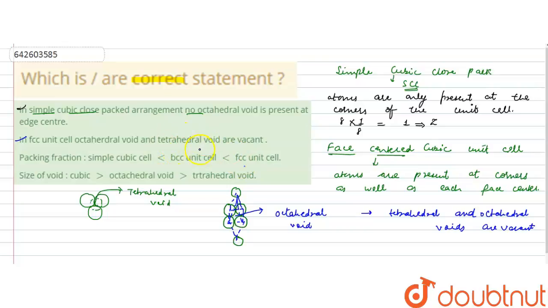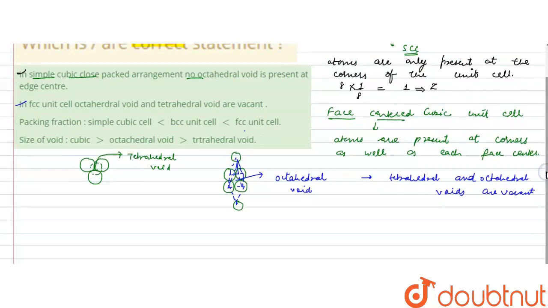It means it is given that the packing fraction of FCC unit cell is greatest, then BCC, and then comes the simple cubic cell. So we can see this as in simple cubic unit cell, only atoms are present at the corners, and these are 8 corners, and one corner atom contributes 1/8 to one unit cell, because the corner atom is shared by 8 unit cells.